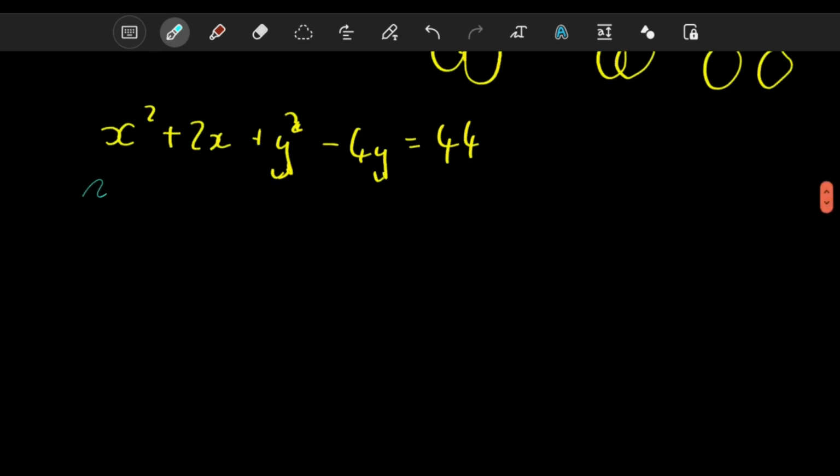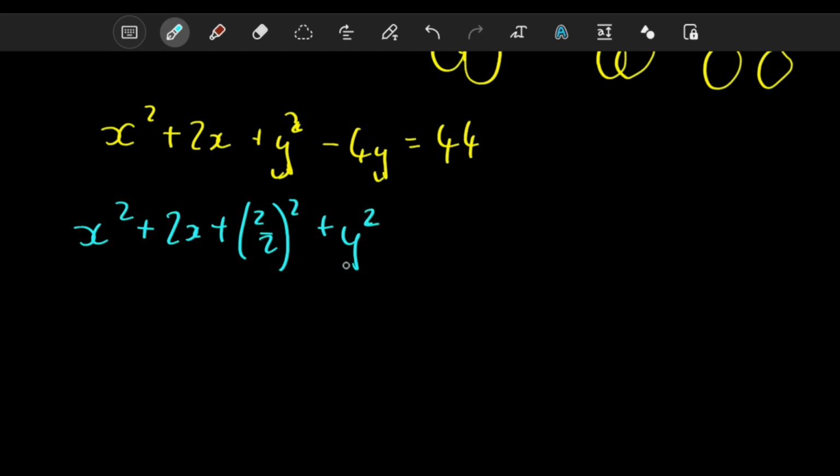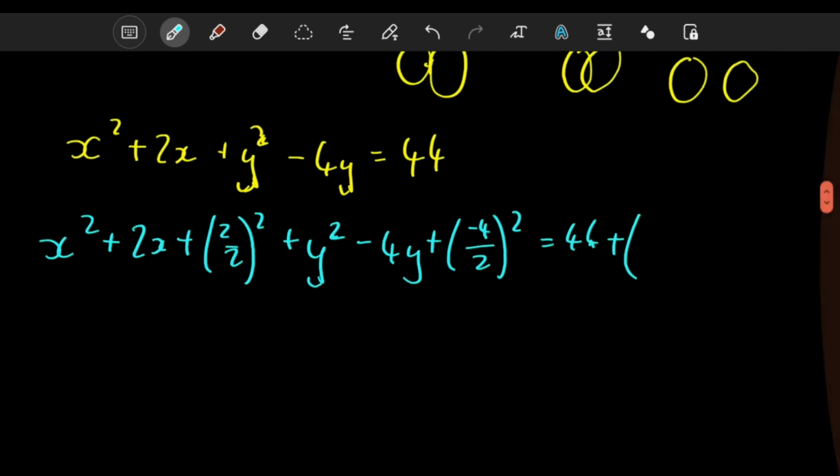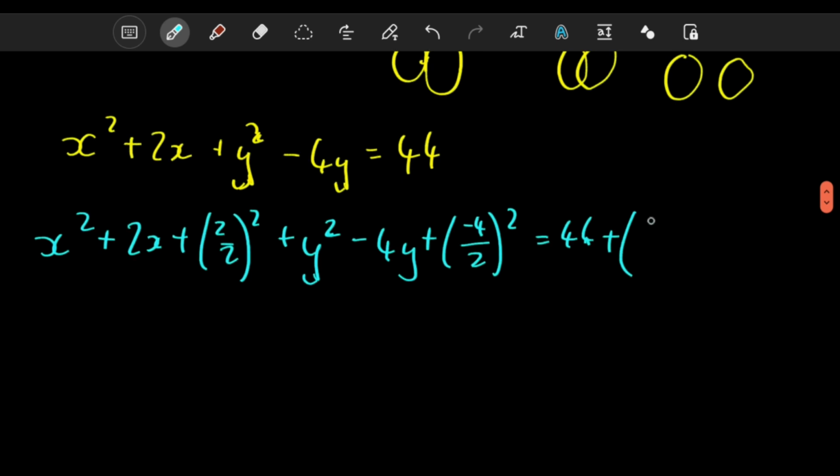For x, you look at the value with x as the variable, and add this number over 2 squared. For y you do exactly the same: there's a negative 4y here, so you add negative 4 over 2 squared. Then after the 44 you add these two numbers that you added on the left.